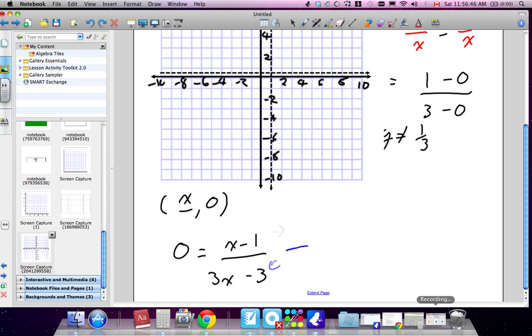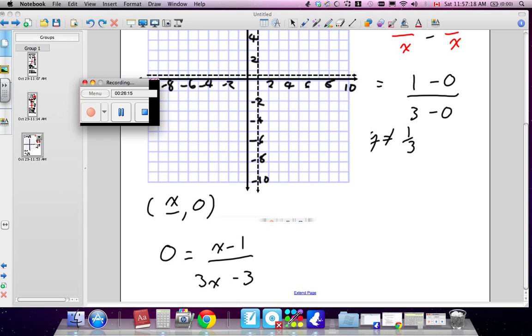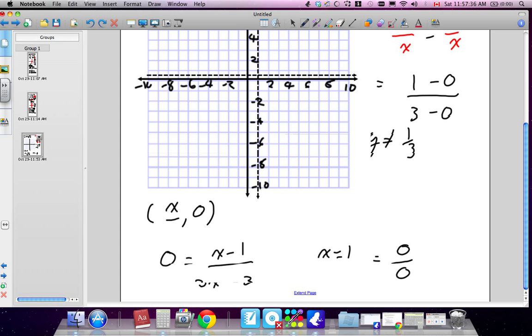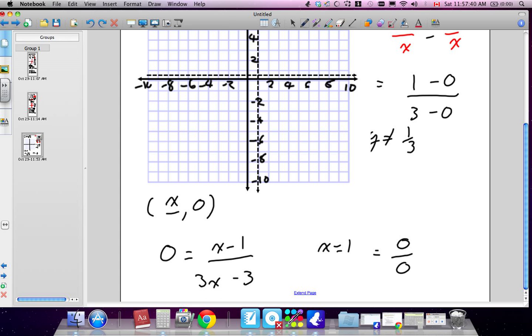Because whenever that equals 0, whatever I divide by is going to be 0, as long as it's not the same number. Did we find one that's the same number? We did. That's what we've done. So what we discovered is that when x is equal to 1, it's actually a hole in the function here. X equals 1 is going to cause us to have 0 divided by 0. We're going to plug it in. So we're going to actually have a hole in the function when x is at 1. I thought they have to be the same on the top and bottom.